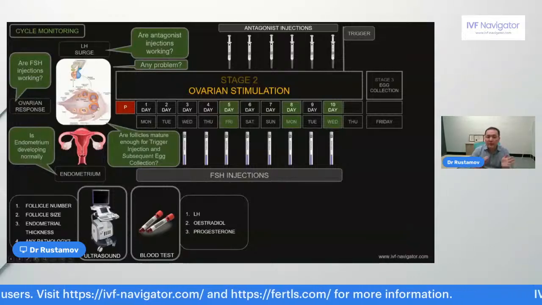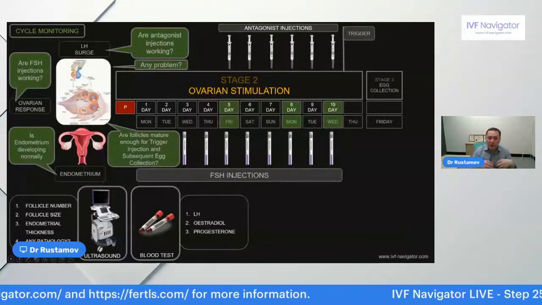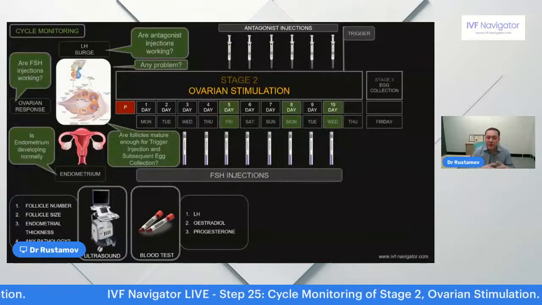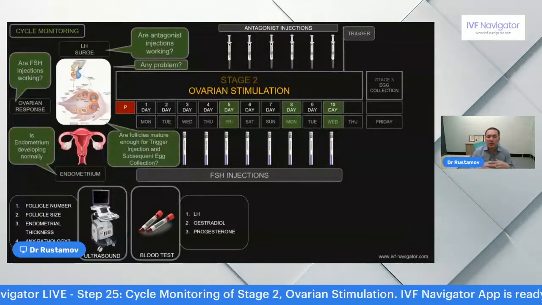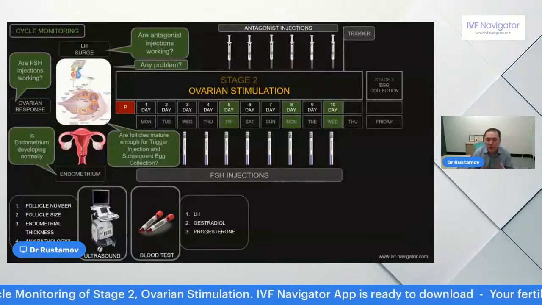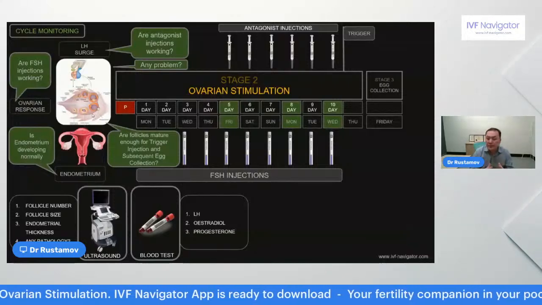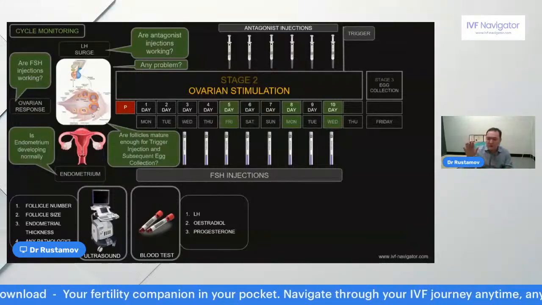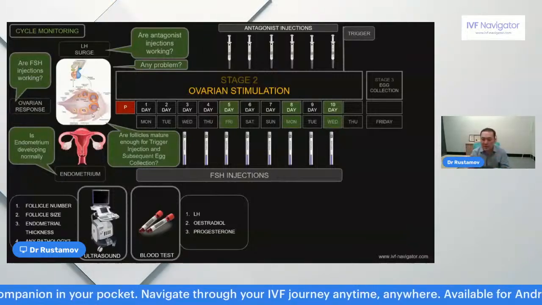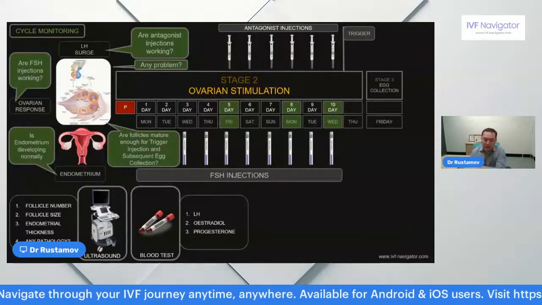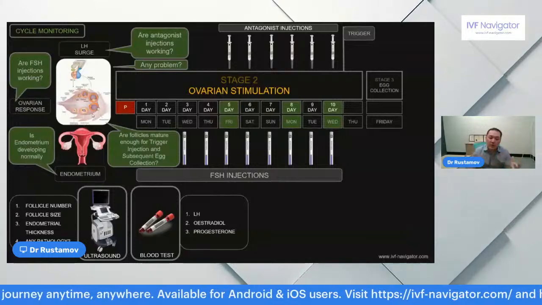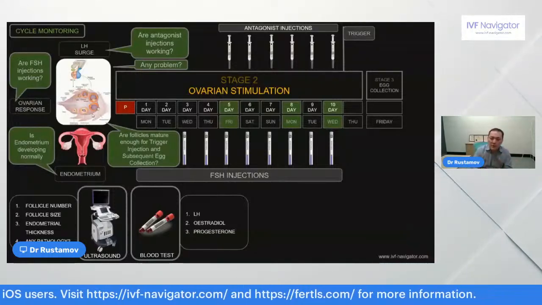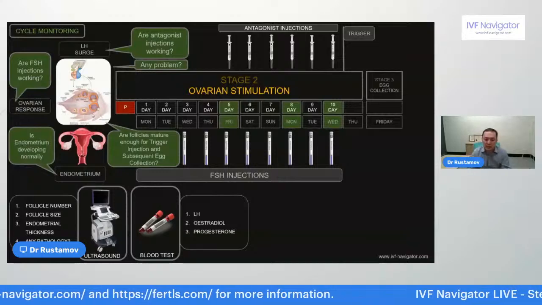If you have very low estradiol, that indicates your ovaries are not responding to stimulation. If you have very high estradiol, that indicates your ovaries are overstimulating to FSH. Accordingly, we can adjust the dose of FSH. If you're over responding to FSH, the dose can be brought down, or if follicles are mature enough, you may have a trigger. If you have lower stimulation, then the FSH dose can be increased.